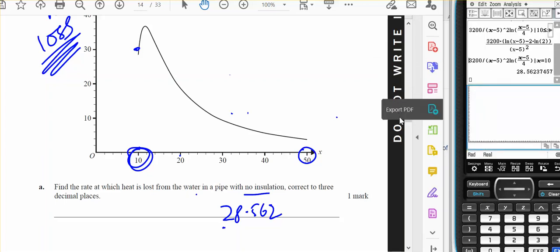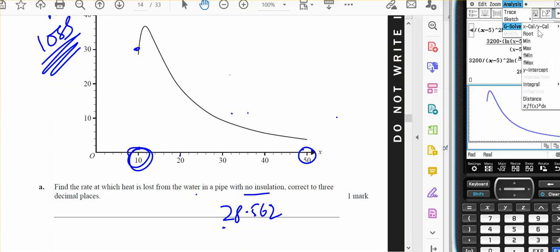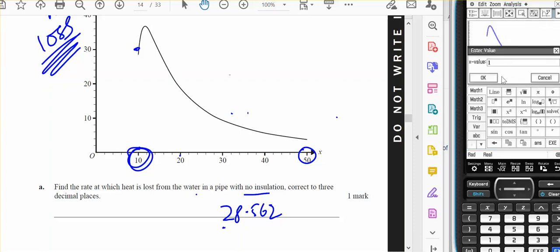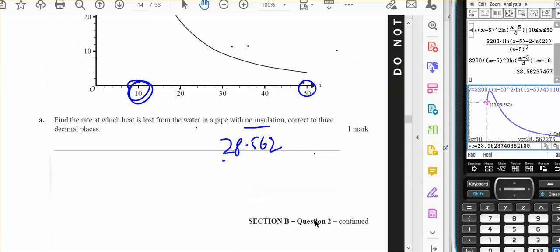And if I want the graph with a restricted domain, I include the restricted domain, and when I drag and drop, it will only draw it for that restricted domain. And if I do analysis, gsolve, ycalc, when x equals 10, it gives me 28.562, same answer.